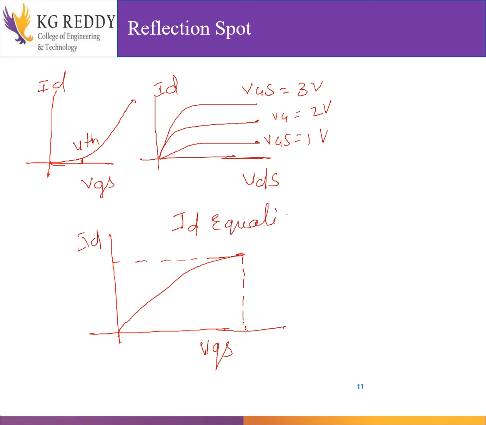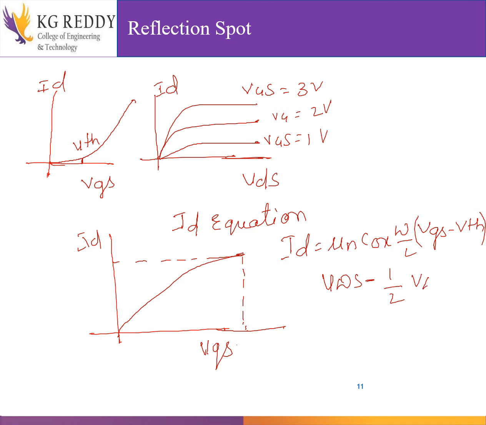As per the equation, it is a generalized equation: ID equal to mu n C ox W by L, into VGS minus VTH into VDS, minus half of VDS square. We will derive it and determine the ID.